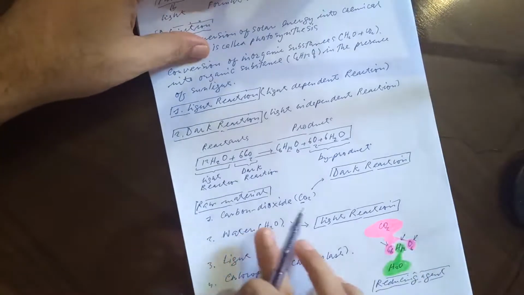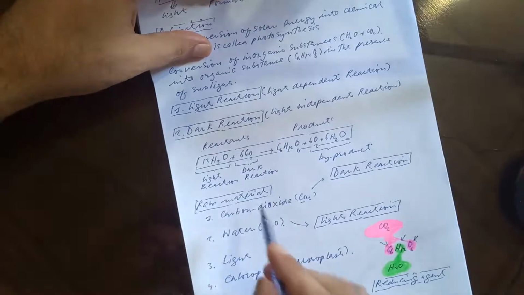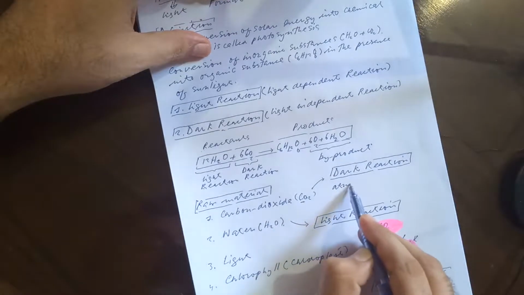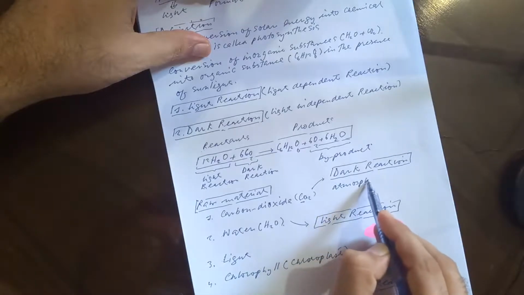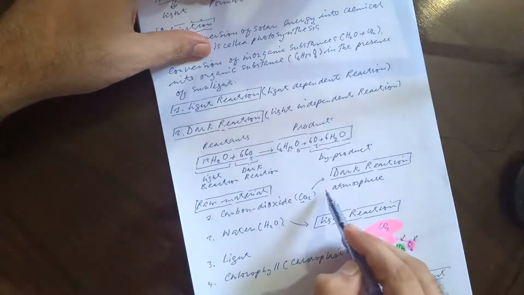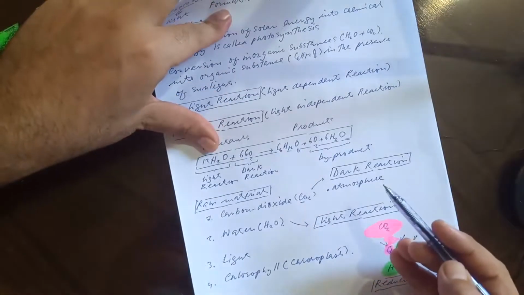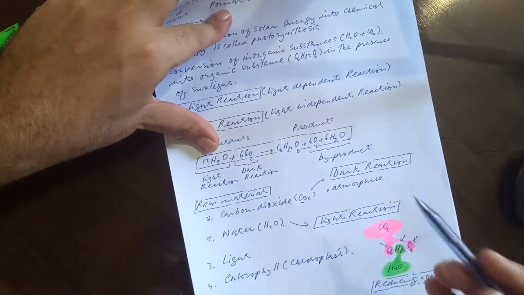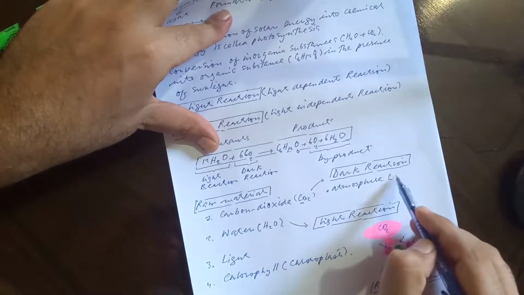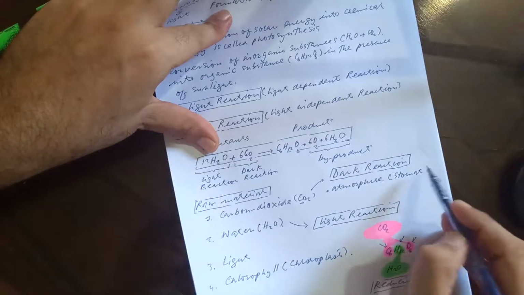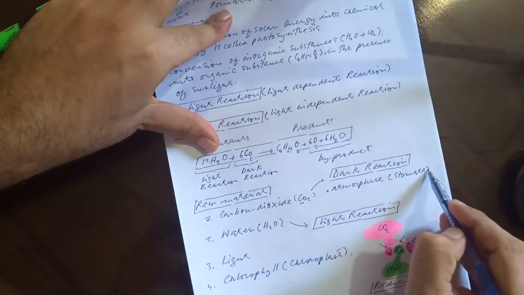Let's add one more thing. Carbon dioxide certainly comes from the atmosphere, particularly air. If you are a terrestrial plant it comes from air, and if you're an aquatic plant, you can also have carbon dioxide dissolved in the water. It enters through the pores that plants have on the surface, the stomata.